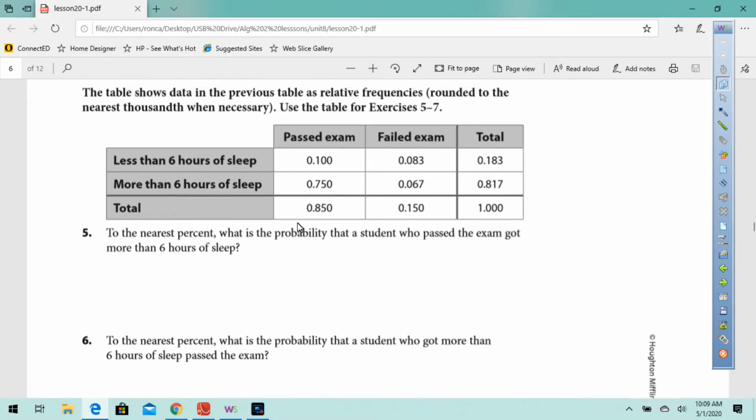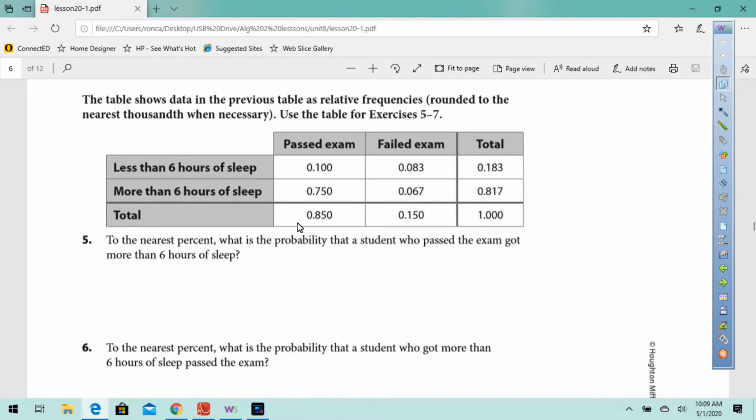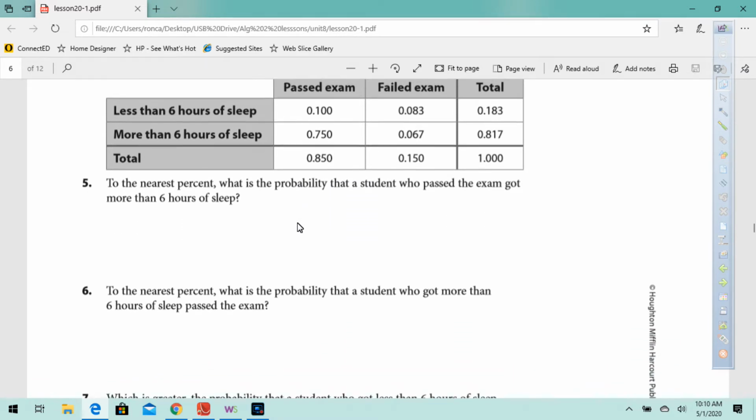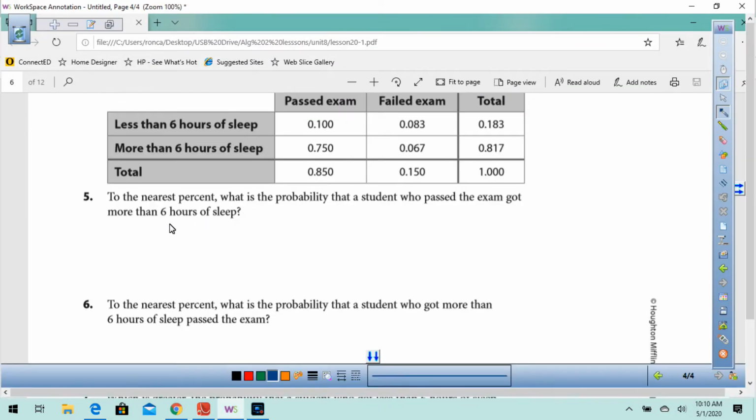Number 5. The table shows data in the previous table as relative frequencies, rounded. So we're taking it to the next step. To the nearest percent, what is the probability that a student who passed the exam got more than 6 hours of sleep?